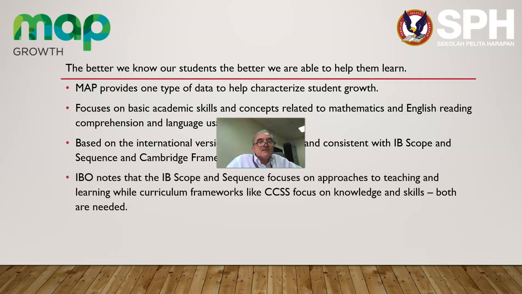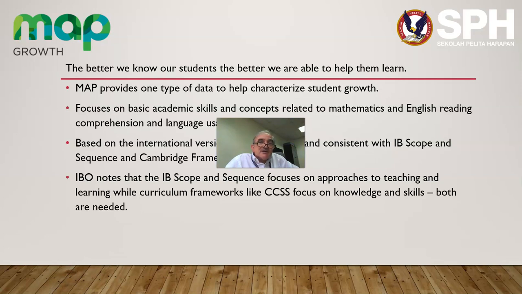IBO notes that the IB scope and sequence focuses on approaches to learning and teaching and learning. And this is particularly in the PYP, while curriculum frameworks like the Common Core focus on knowledge and skills. Both of these are needed.